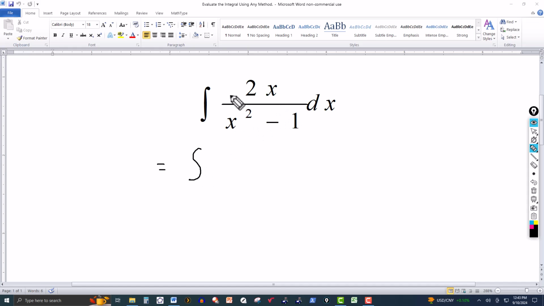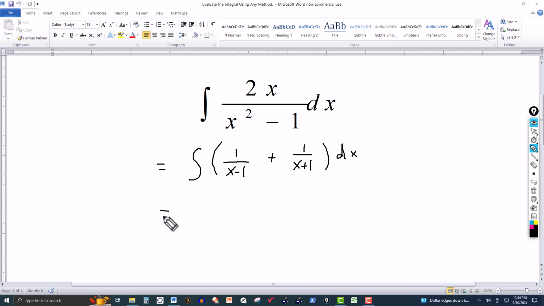So this can be replaced by the answer we got, which would be the integral of a was 1, so it'd be 1 over x minus 1, plus the b was also 1, this would be 1 over x plus 1, and this is the dx here.